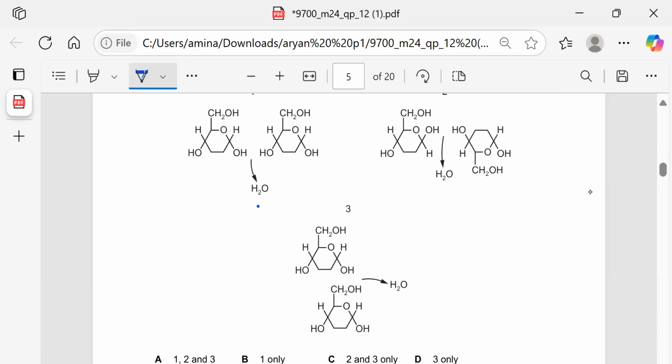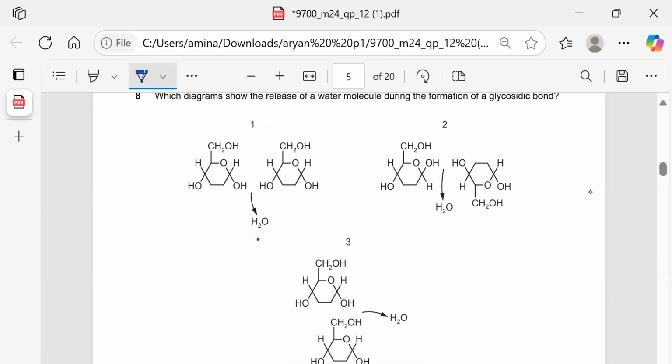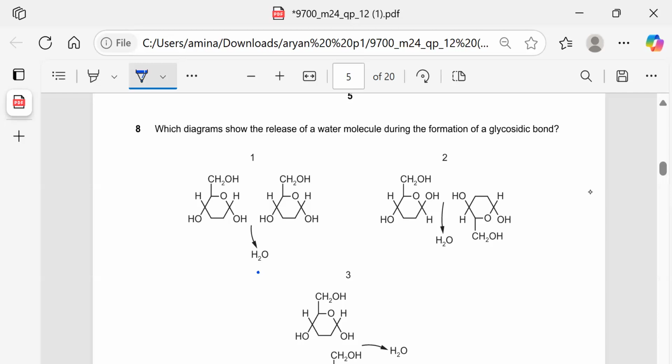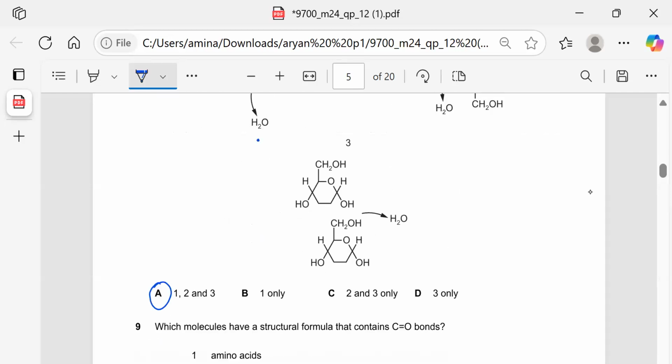The condensation is happening over here too, so the water is releasing over here. And over here also, the condensation is taking place. So all three of them are correct over here. Water is getting released, all of them showing me the process of condensation between carbohydrate molecules.